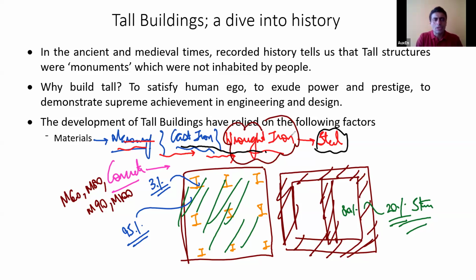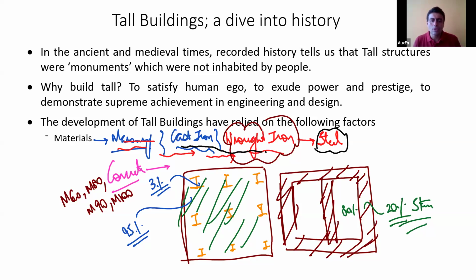Not only RCC, of course, composite systems are being used more and more. So you combine structural steel with concrete. These days more and more composites are being used in tall buildings. So if you look at the development of tall buildings over the past 130 years, it started with masonry-like structures, but then because of the development of structural steel, you saw more and more structures in the 1930s, 1940s up till 1970s being constructed in structural steel.